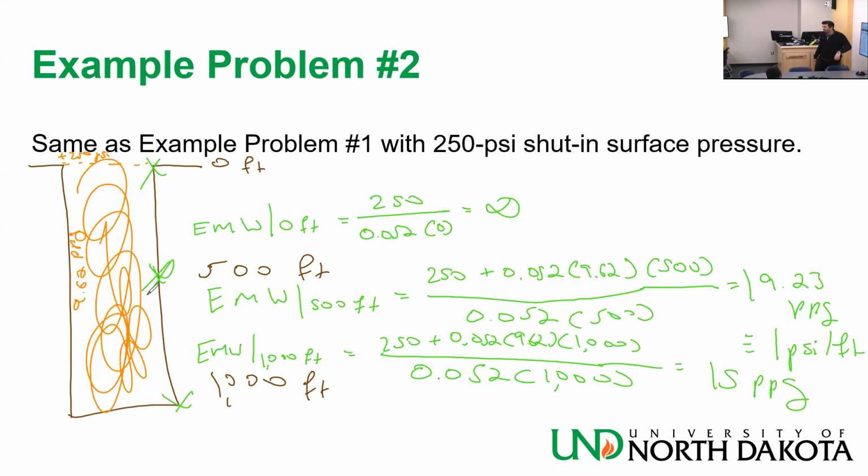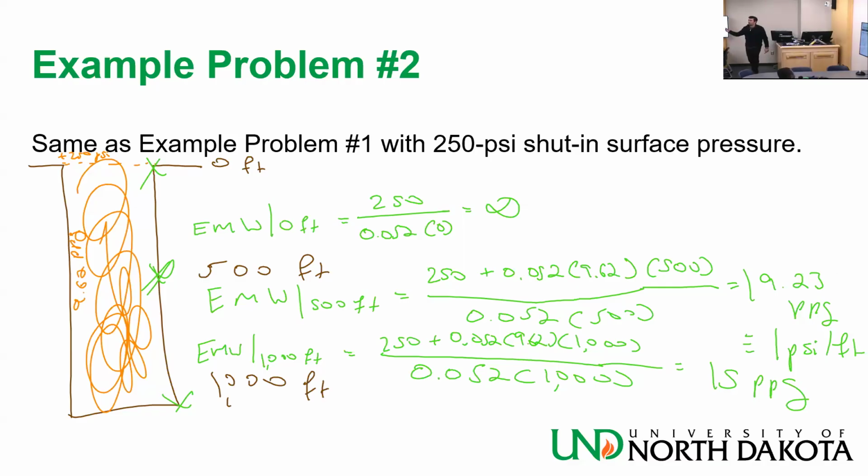This is not the fracture gradient. The fracture gradient, the pressure at which you need to get to fracture, we're gonna talk about it in module 3. This is the pressure that you are applying on the rock, or the rock is feeling.